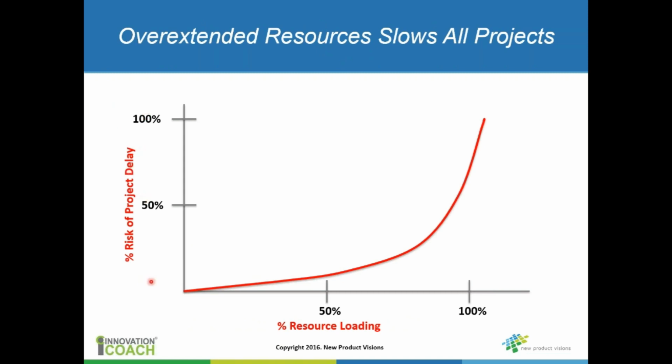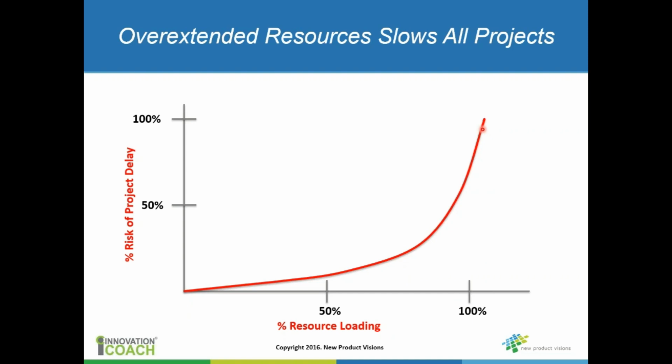On the left side is the percent risk of project delay in one or multiple of your projects within the portfolio, and on the x-axis is the percent of resource loading. It's my contention that as you approach 100% loading on your resources in new product development, you start to get to the point where there's 100% risk, in my opinion, that one or multiple of your projects in the portfolio are going to get delayed.